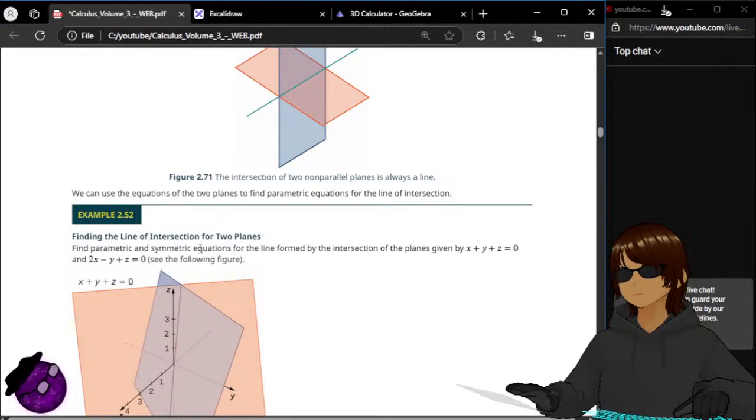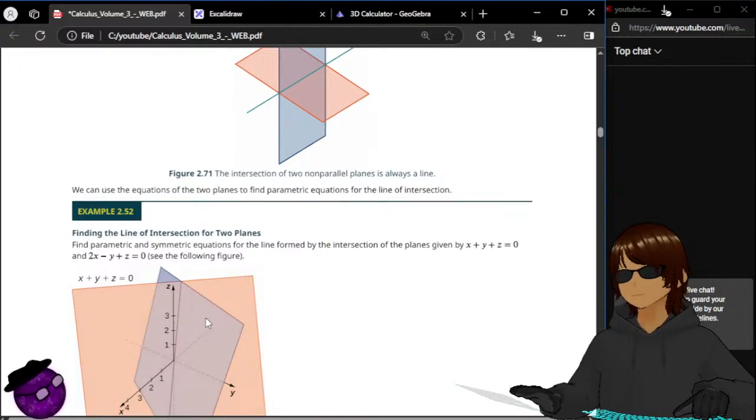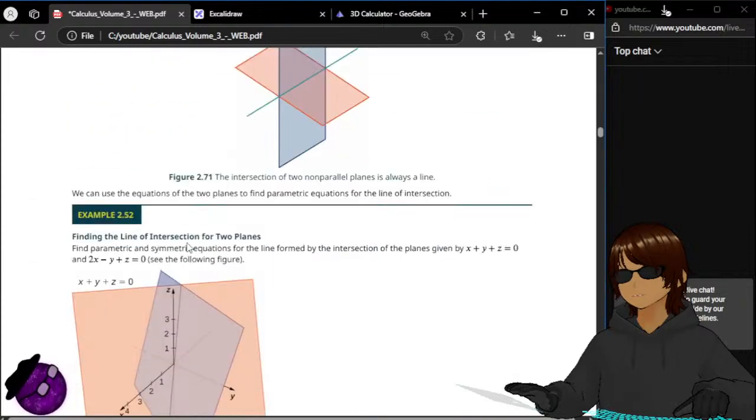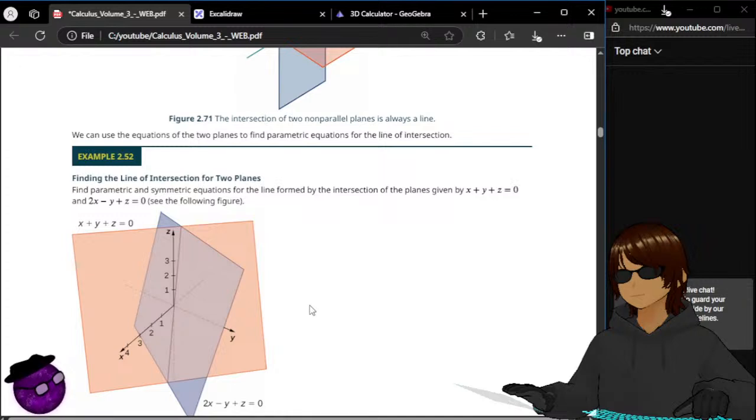Finding the line of intersection for two planes. Find parametric and symmetric equations for the line found by the intersection of the planes x plus y plus z equals 0 and 2x minus y plus z equals 0. So, how do we do this?